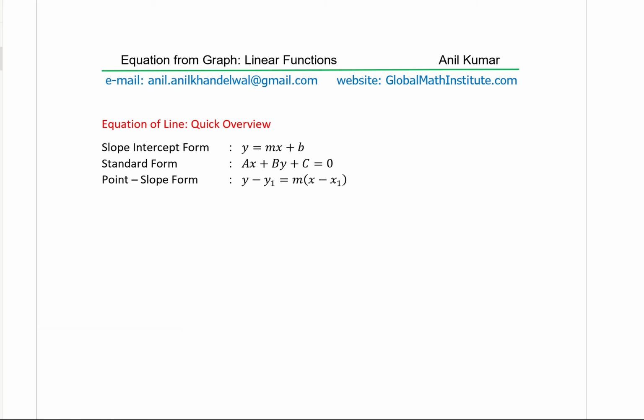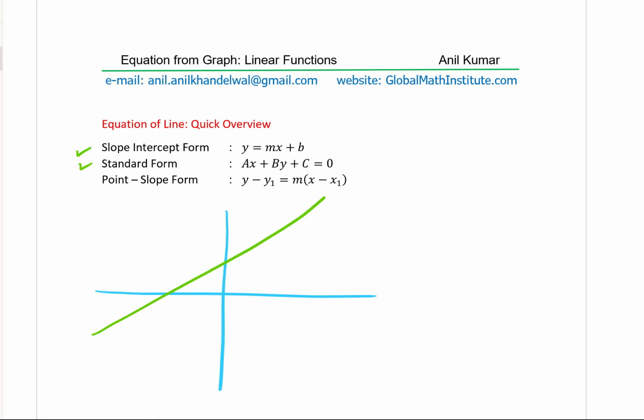Now we have these three forms, which are very popular forms of writing equation. Most of the time, the equations will be written in slope-intercept form and in standard form. Let's take up a line, and then we will actually see how these forms are used to write down the equation of a line. So let us say that we have a line here which is kind of like this.